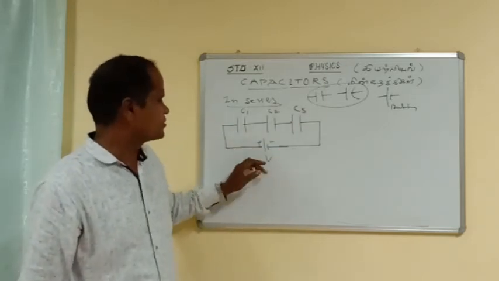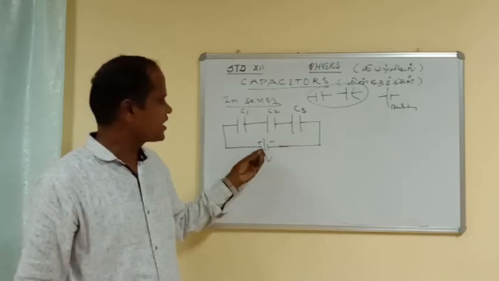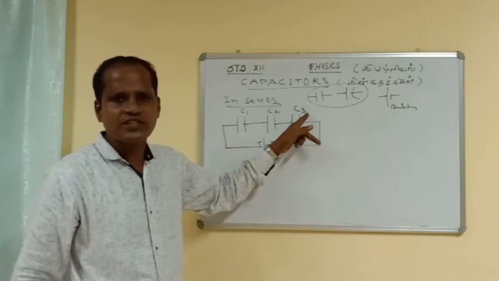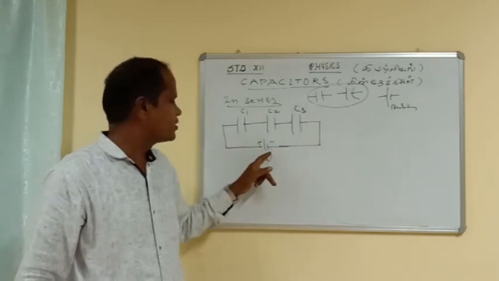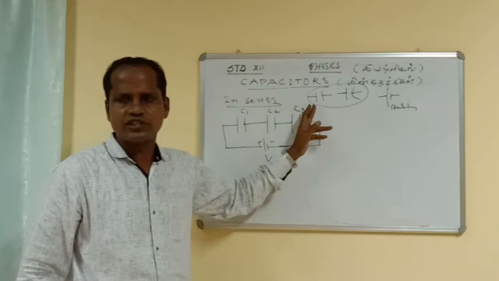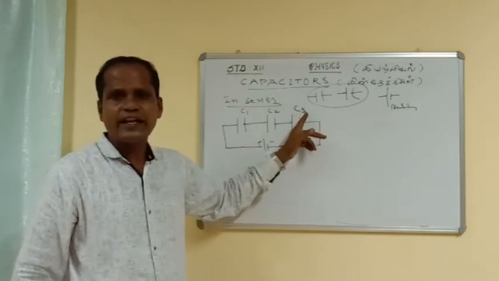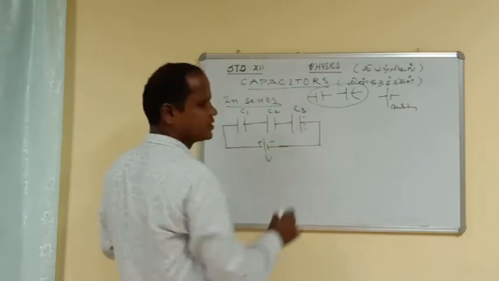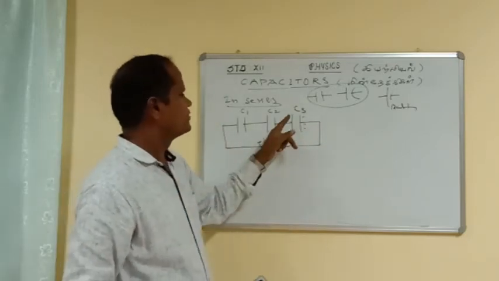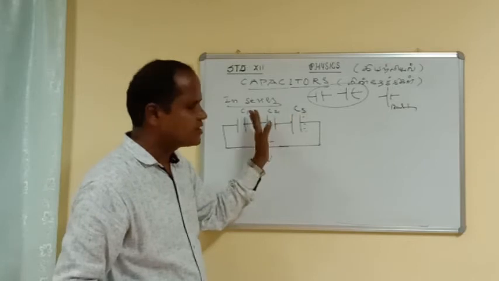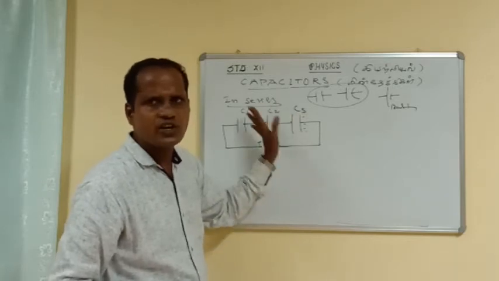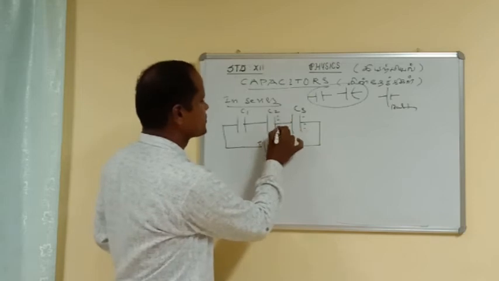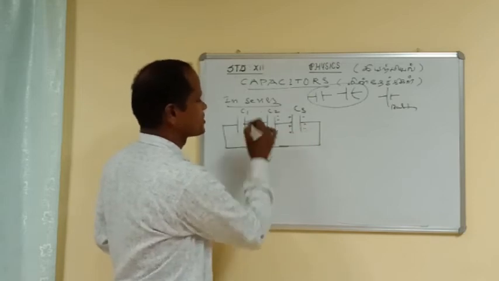As soon as the battery is connected, electrons will be pushed towards the right side plate of C3. At the same time, the left side of C3 will push negative electrons towards the right side of C2. So this becomes positive, this becomes negative.